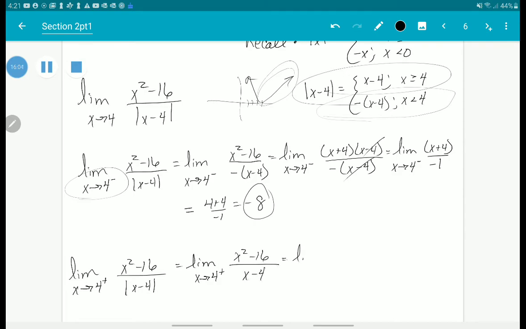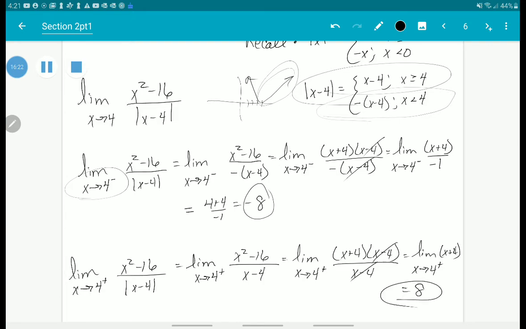And once again, we're going to see some reducing. So now if we take the limit as x approaches 4 from the right of x plus 4, we're going to get that positive 8 that we saw from the graph. So we're going to get the same results either way.